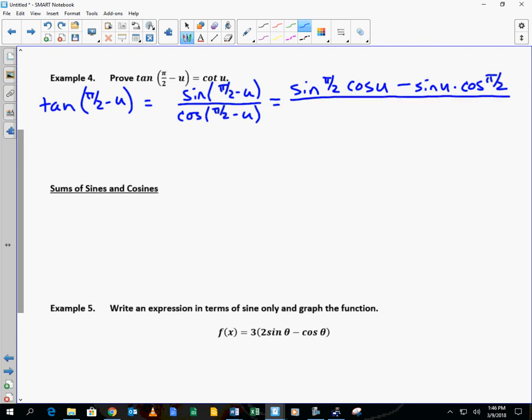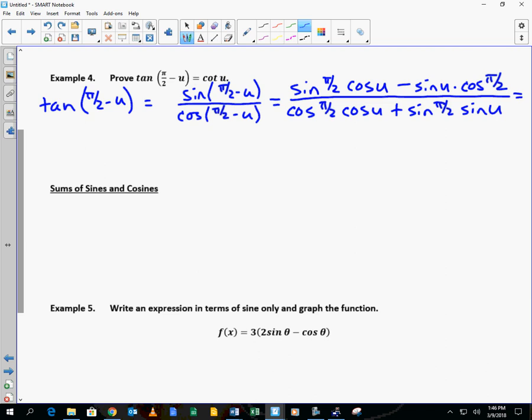Now I got to expand cosine. Cosine of pi over 2 times what? Cosine of u, plus sine pi over 2 sine of u.